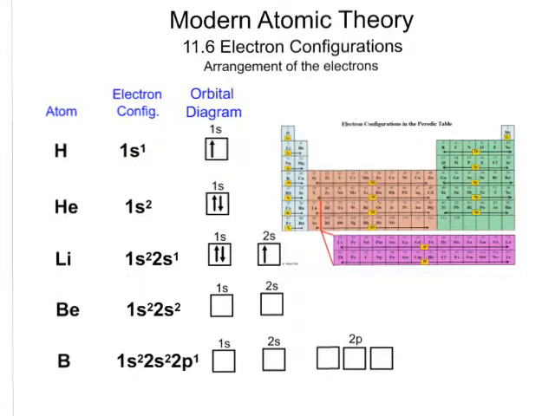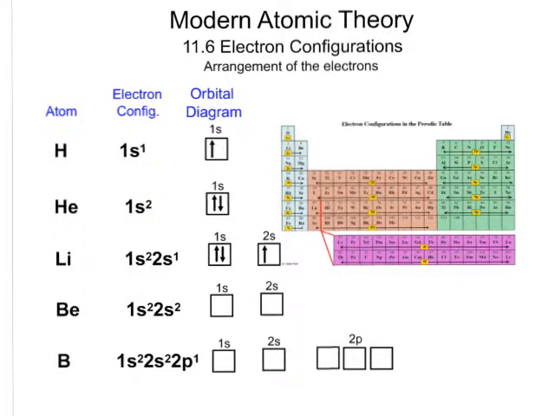When we add one more electron, we come up with helium. Helium has two electrons. Here I've represented both of those in the 1s orbital. So the electron configuration for helium would be written 1s², because it's in the principal energy level 1, the s orbital, and there are two electrons. So 1s with two electrons in it.